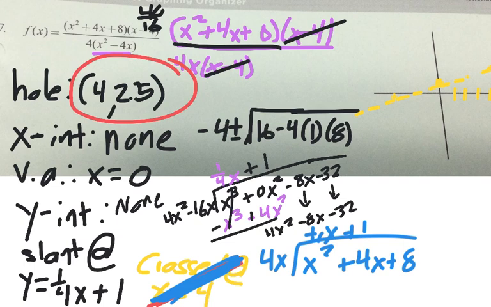So here's my slant asymptote. They're in yellow. I have a vertical asymptote at x equals 0, which is here. I know there's a hole at 4, 2.5. So if I go to 4, right here, the slant asymptote is at 4.25, so 4, 2.5 is up here.